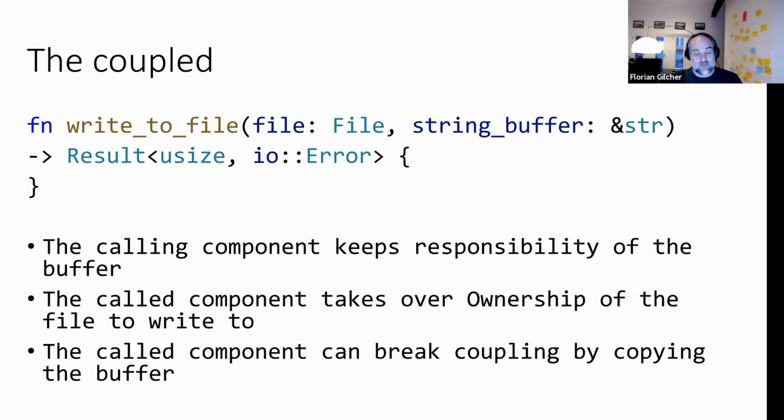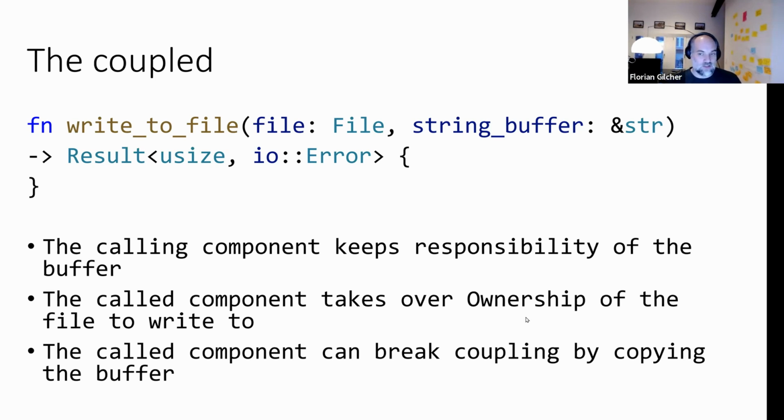That particularly means it needs to keep it around until the called component is done with it. So it still retains some responsibility, and that means both of these components need to negotiate. And that is expressed through the borrowing system in Rust.